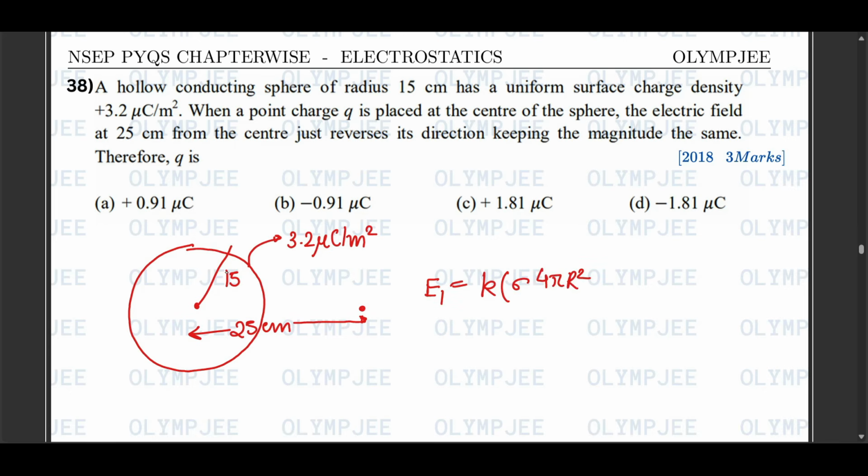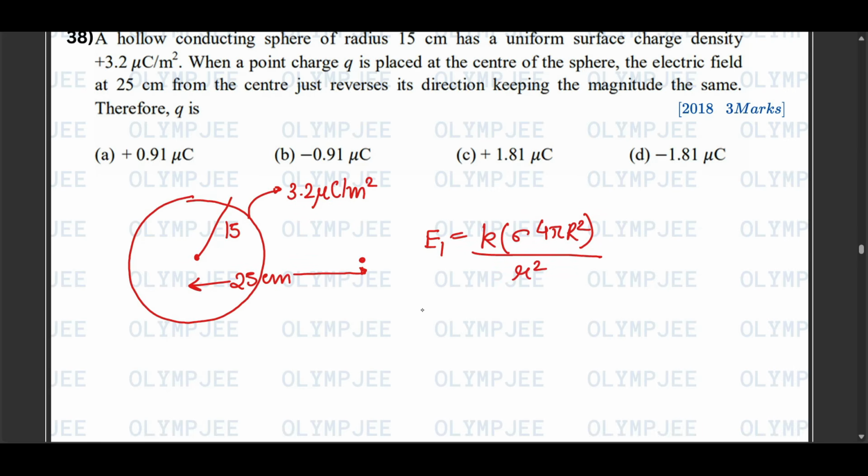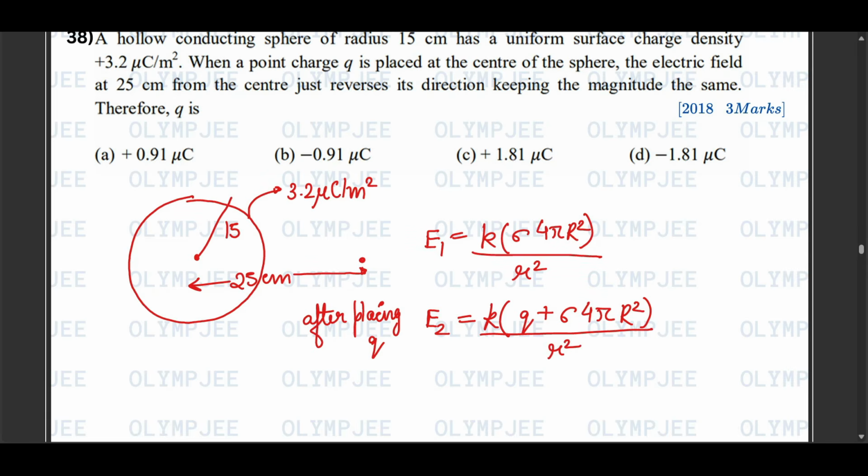This will be the total charge as the surface charge density is distributed over the sphere, divided by r square, and E2 becomes, after placing the Q, E2 will be K of Q plus sigma 4 pi r square divided by r square, small r square.